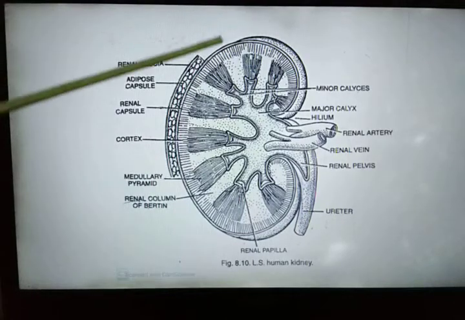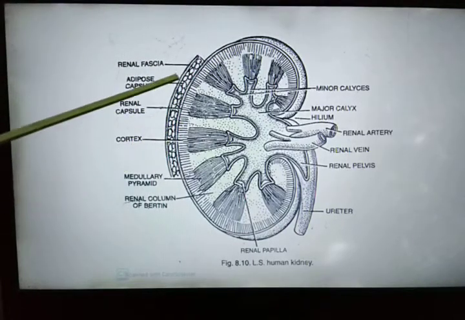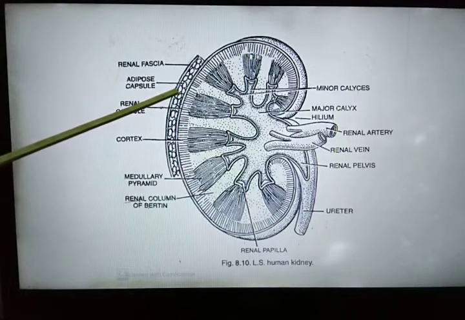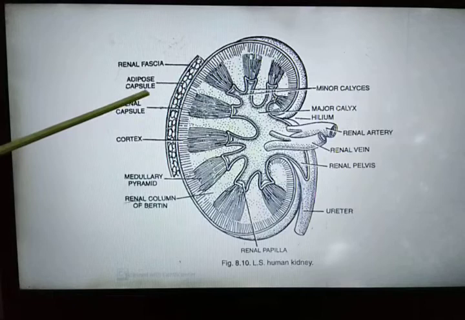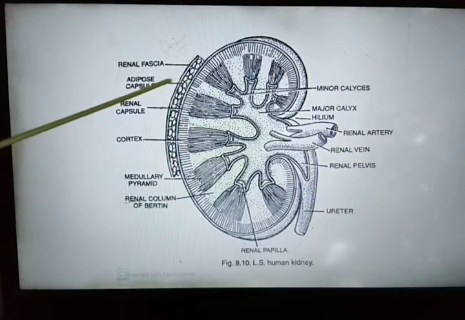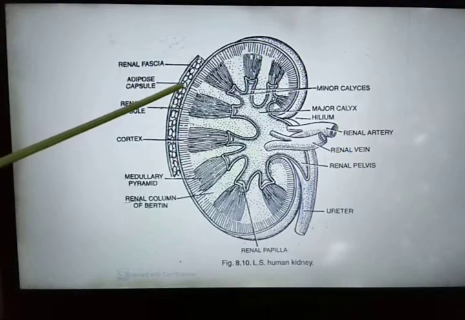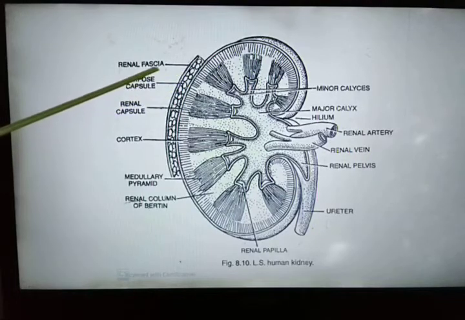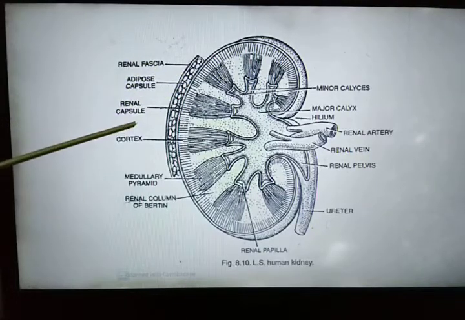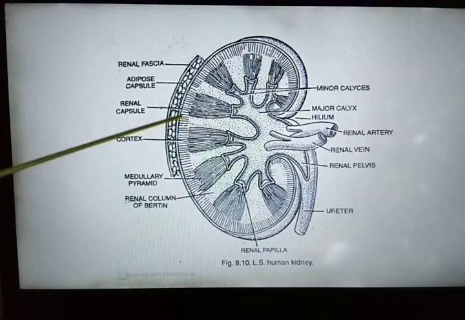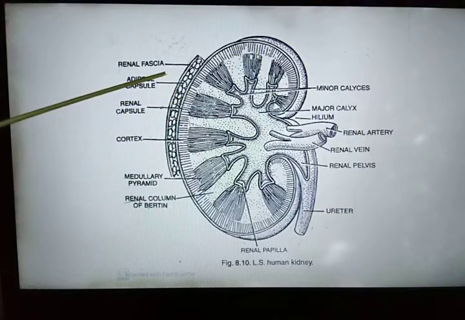Around the capsule there is a layer of fat tissue, which forms the adipose capsule, and outer to the adipose capsule is another layer, the fibrous membrane known as renal fascia. So you have studied up to the renal capsule, but two more layers are present outside the kidney.